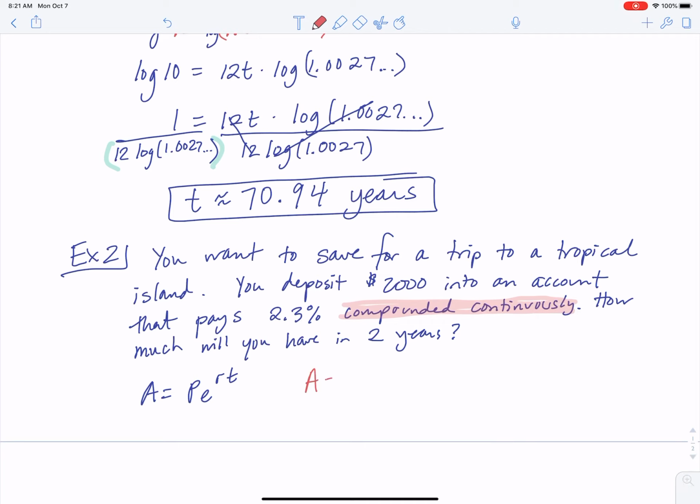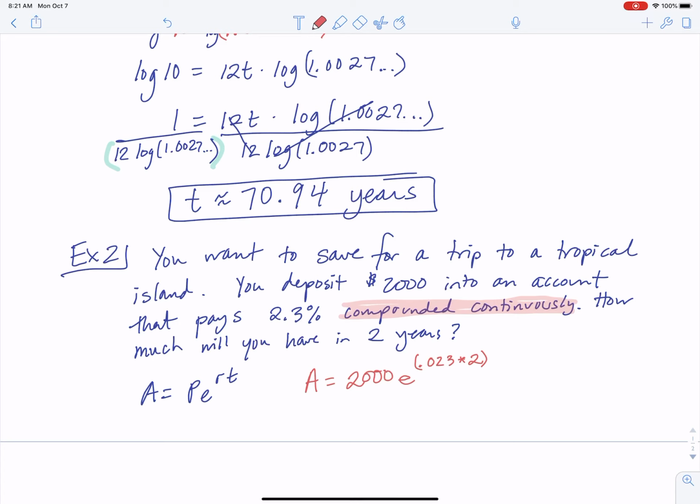All right, so you should have A equals 2,000 E, where E is the E button in your calculator, rate 0.023 and time is 2. So this should be what you typed in. Please make sure that you use parentheses around your exponent if you've got an older calculator. If you have a newer calculator, it will take care of keeping that all an exponent for you.